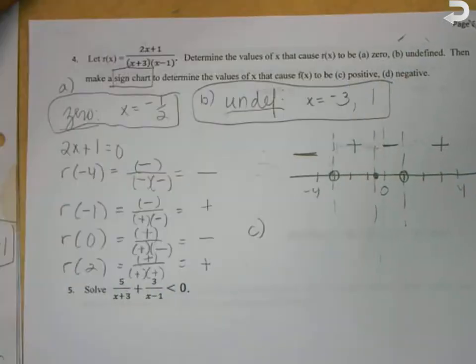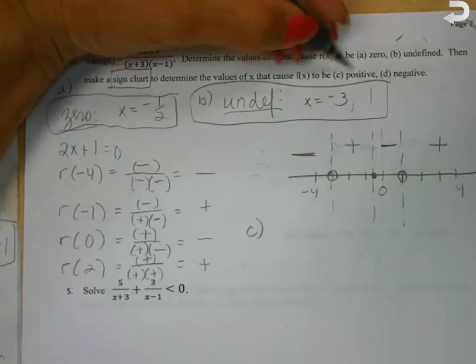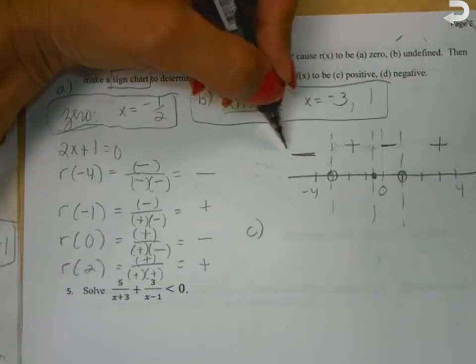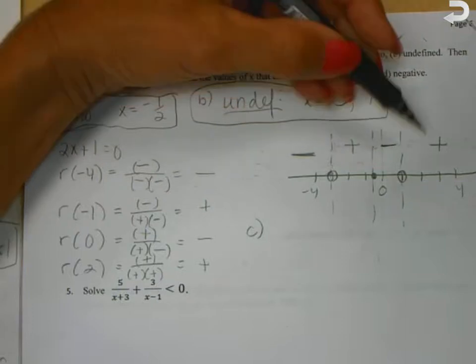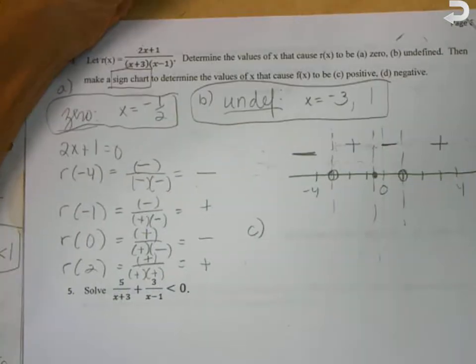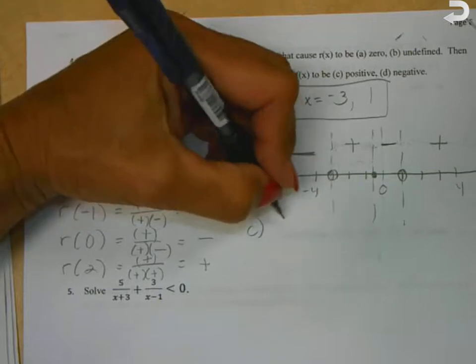Now I'm ready to identify my answers for Part C and D. For Part C, I need to discuss and say what values for x cause my function or my fraction r of x to end up being positive. And I can see that that's going to happen when I have values in this zone, the second zone, and in the fourth zone.